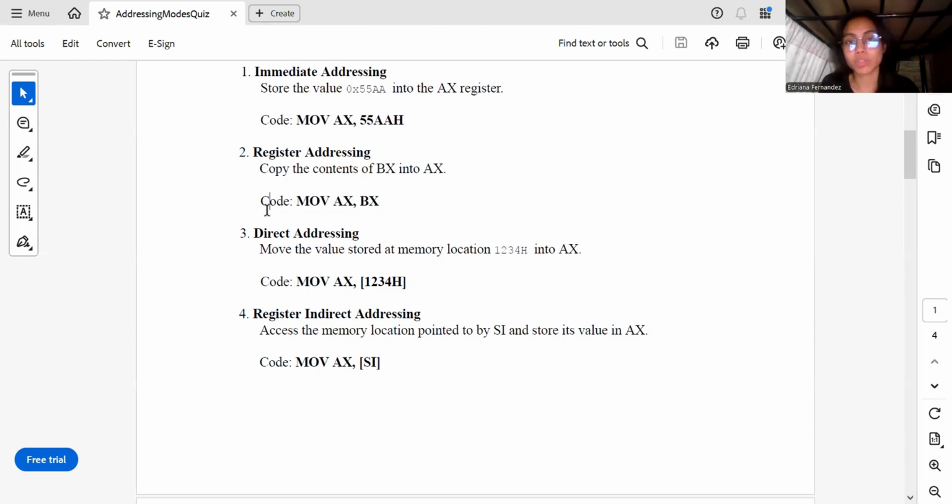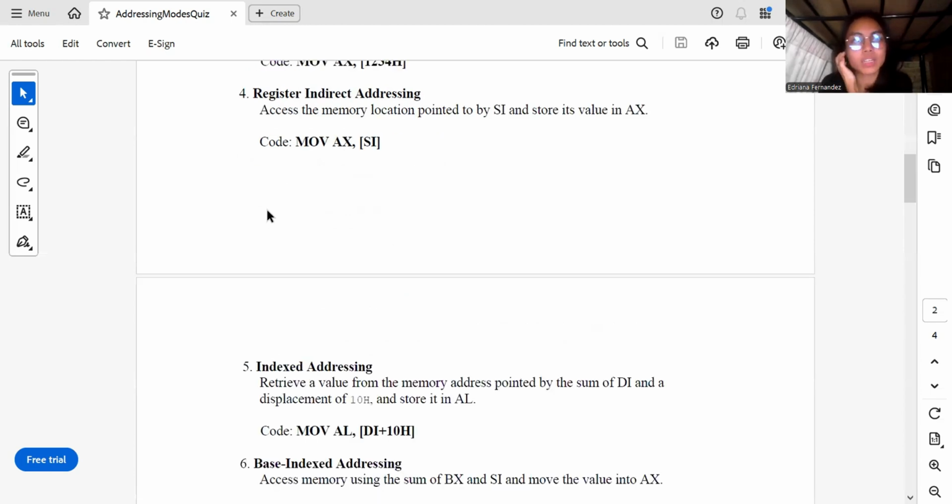The value at memory location 1234H is moved into the AX register. Next is the register indirect addressing. Access the memory location pointed to by SI and store it in the destination mentioned, which is the AX. So the value at the memory location pointed to by the SI register is moved into the AX register.